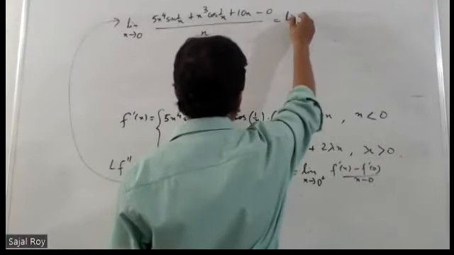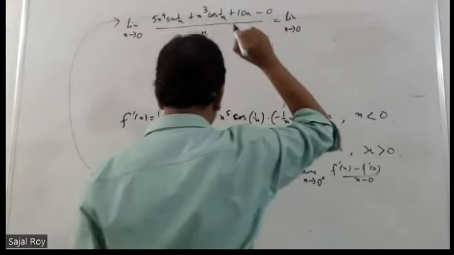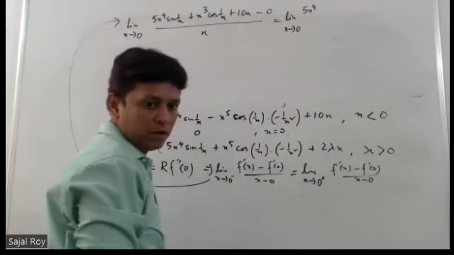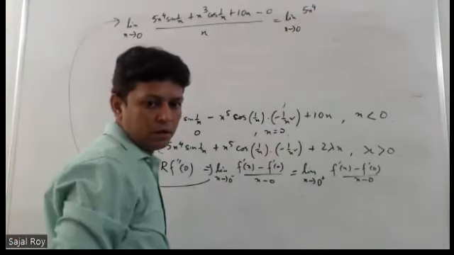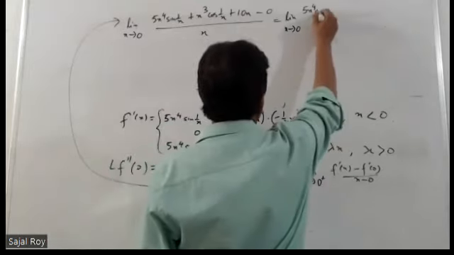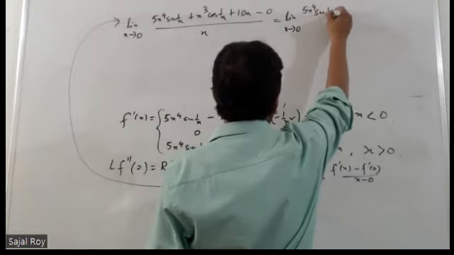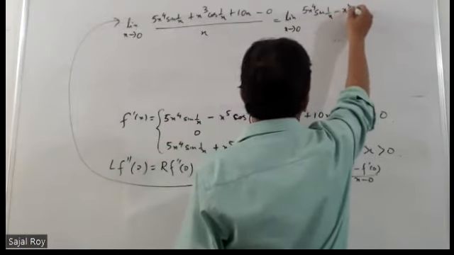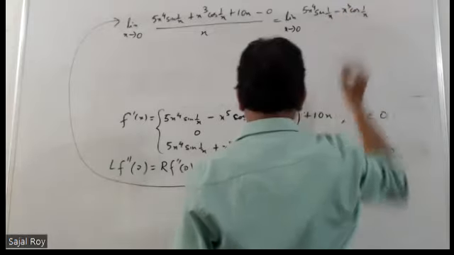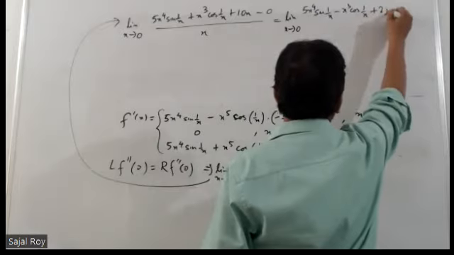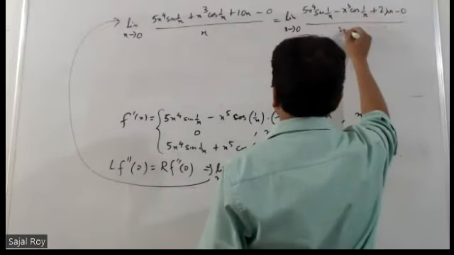So limit x tends to 0, 5x to the power 4 sine 1 by x minus x cubed cos 1 by x plus 2 lambda x minus 0 by x minus 0.